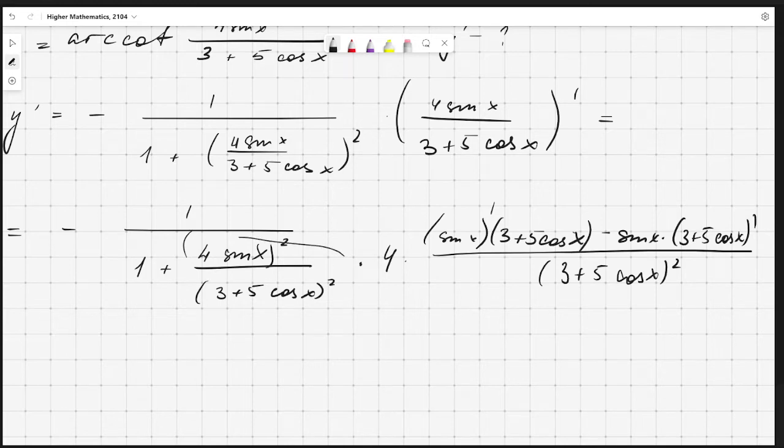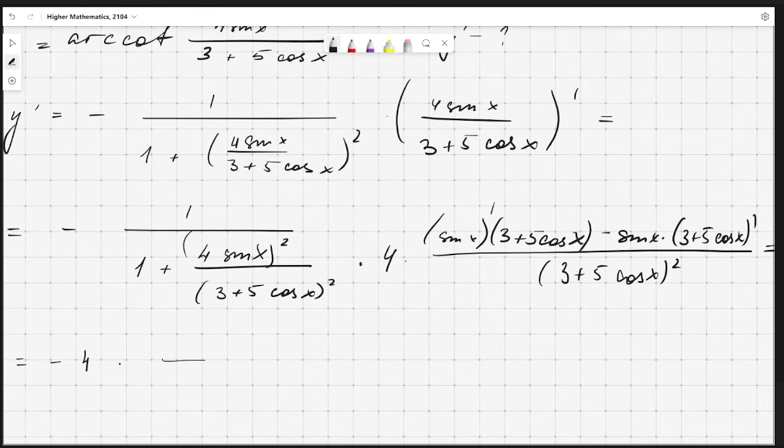I multiply this denominator by this denominator. In this case, I can see 1 over 4, oh, not, just this 4.